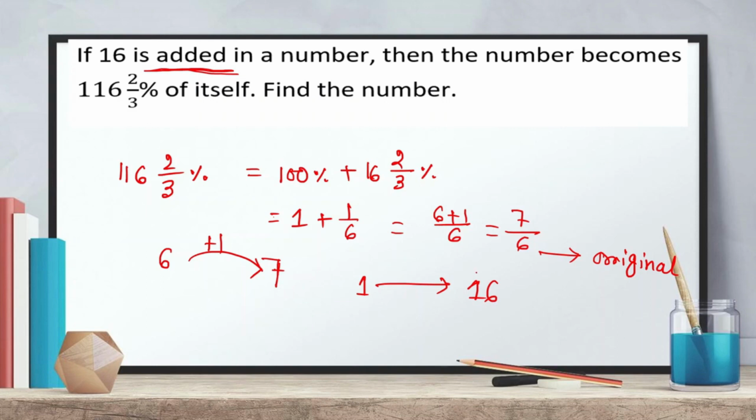Original number is the 6. So if 1 is equivalent to 16, then 6 would be equivalent to 6 times 16, that is equal to 96. It is the answer.